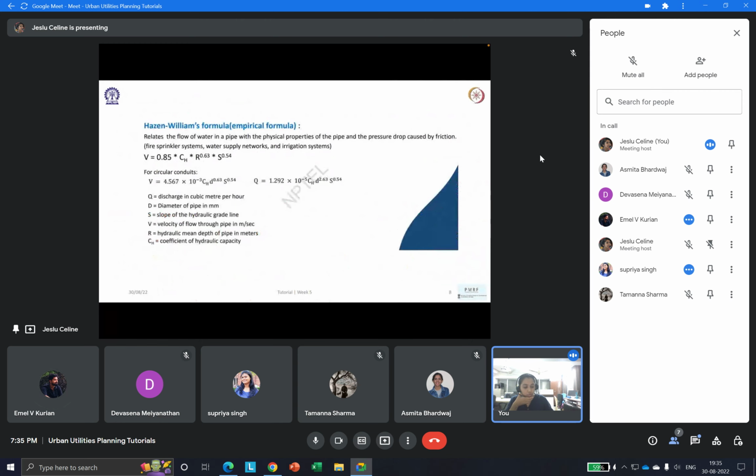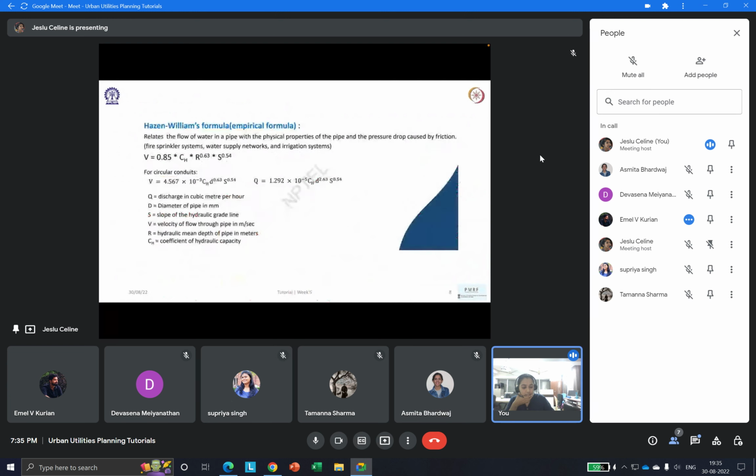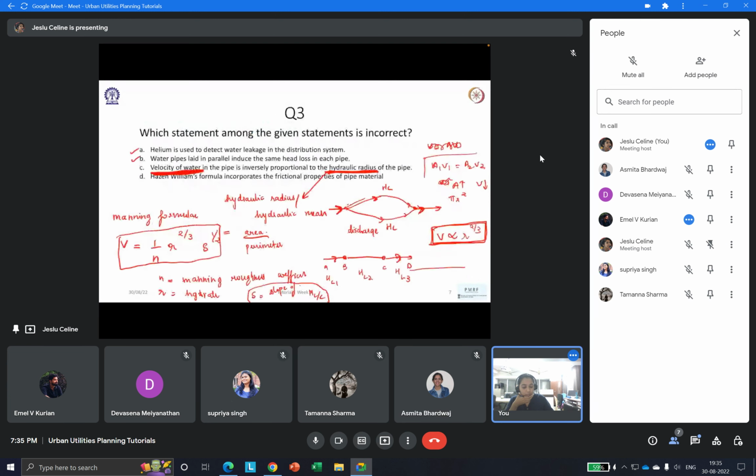In area also, let's take a circular pipe. Your area is pi r square divided by your perimeter, which will be 2 pi r. The problem here is that in area you've got this radius factor, the size or dimension of the pipe, and in your perimeter also the dimension is coming.